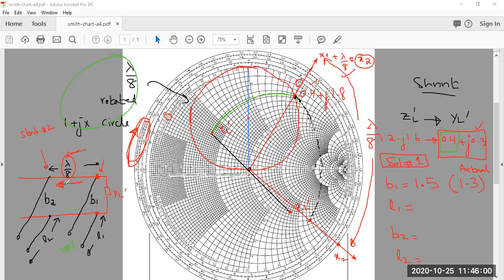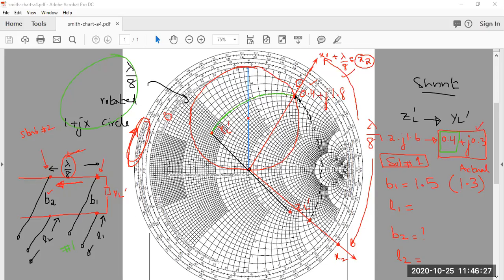Now we have traveled a distance of lambda by 8, and we are standing at the position of stub number 2. We haven't connected stub number 2, but we are at its position. We know that when we connect stub number 2, it will provide B2, and right now we don't know what B2 is.